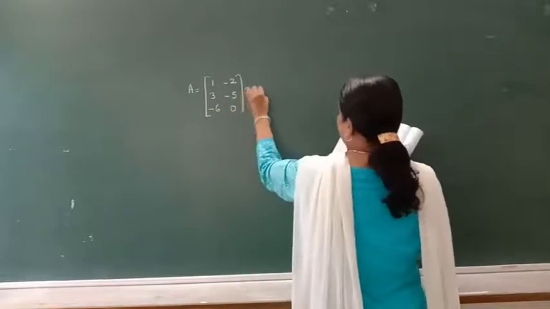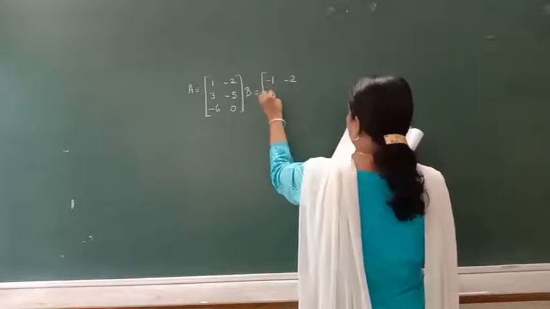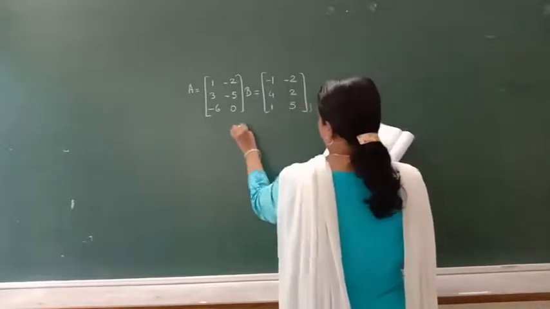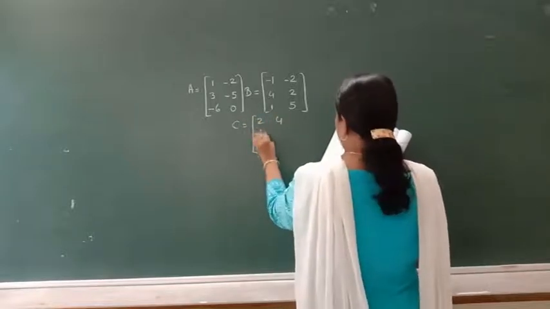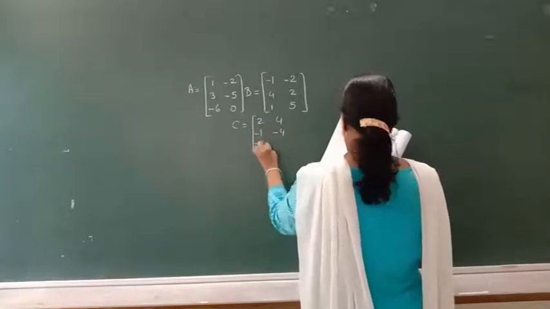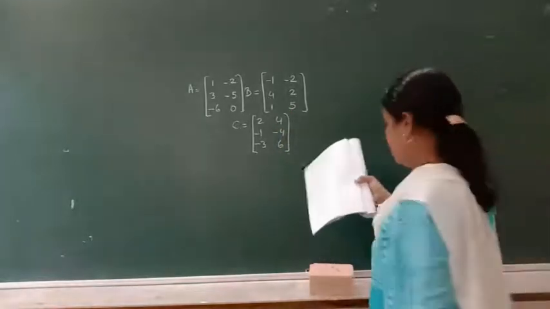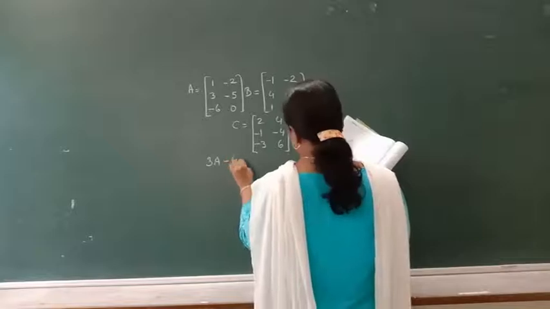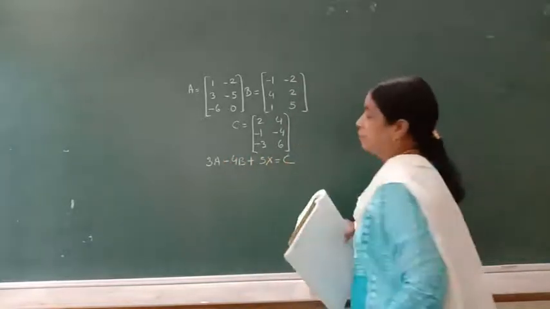B is equal to [-1 -2 4; 2 1 5], and C is equal to [2 4 -1; -4 -3 6]. You have to find a matrix X such that 3A minus 4B plus 5X is equal to C.